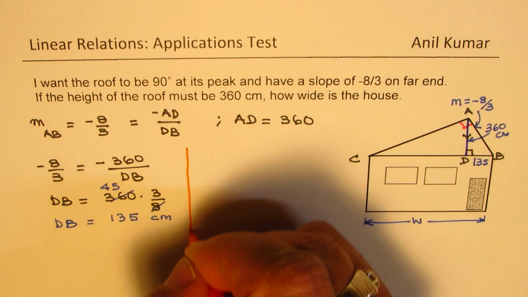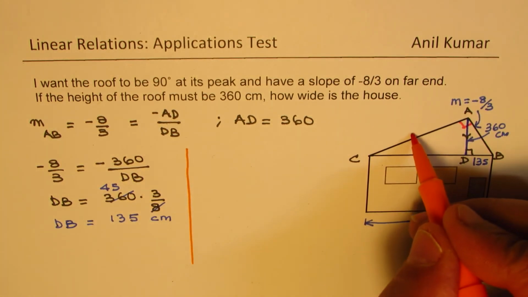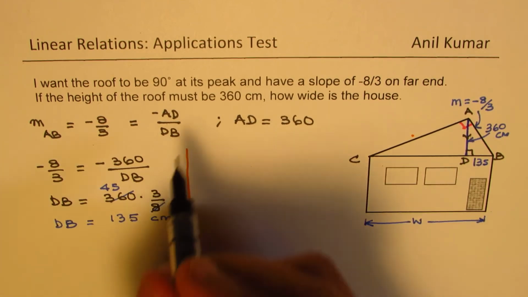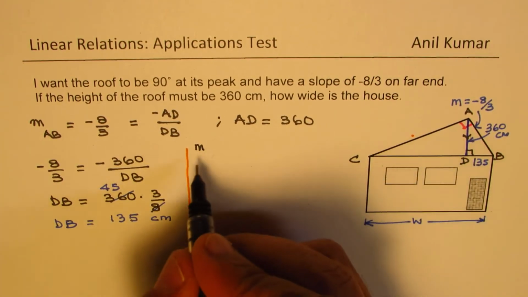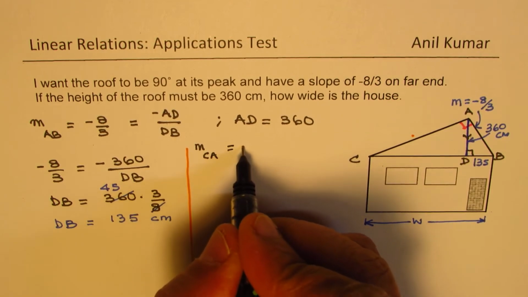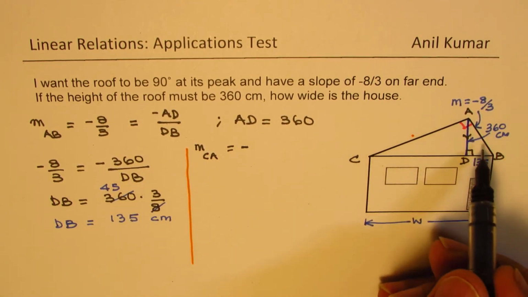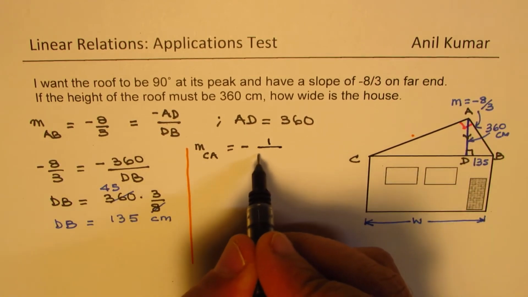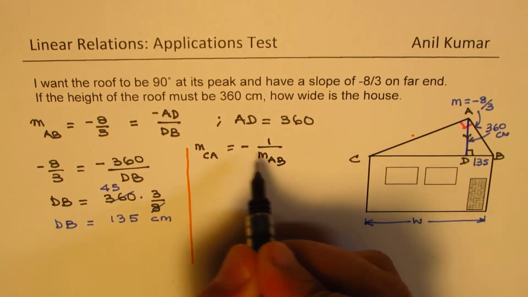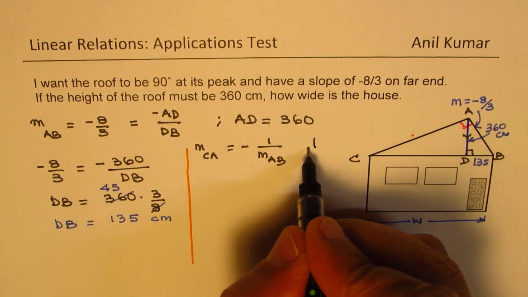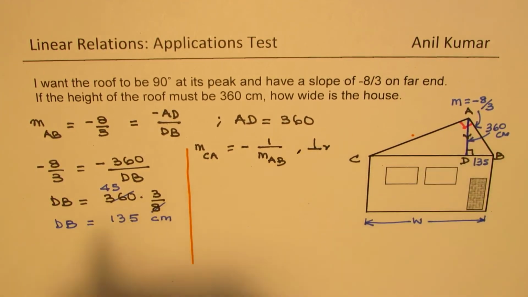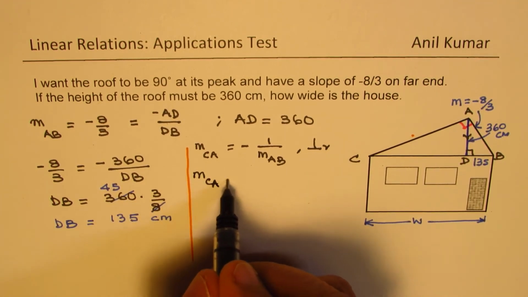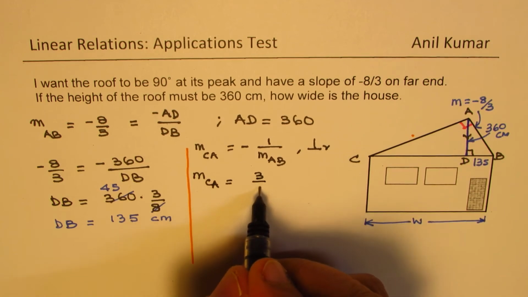We also know the slope of AC. Since they are perpendicular, we can write that the slope m of, let's say, C to A is basically negative of 1 over the slope of A to B, since they are at right angles, correct? So we know that the slope of C to A is basically equal to 3 over 8.